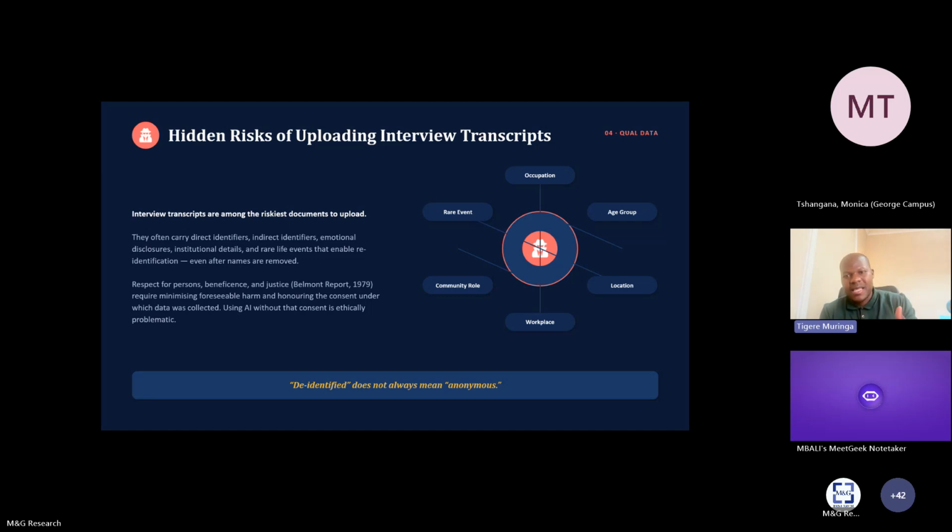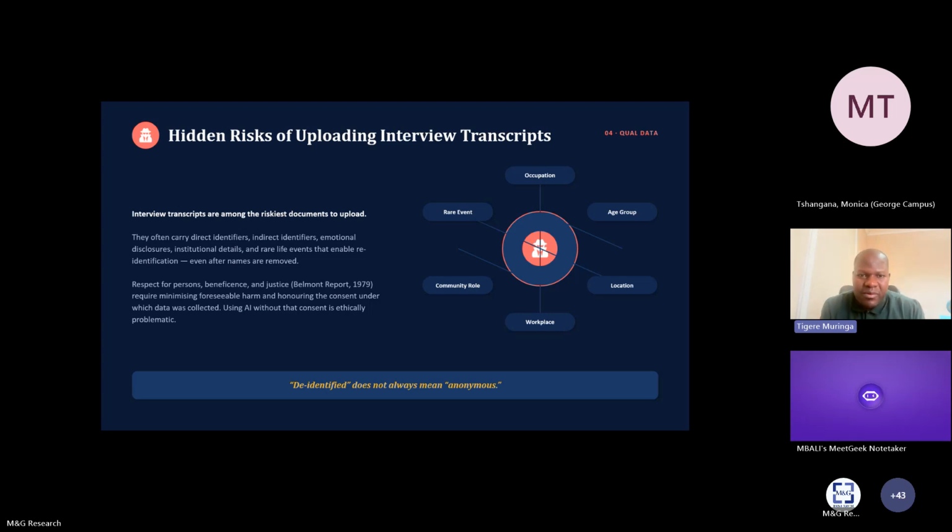So what I'm saying is that even without the name of the participant, using data that has been anonymized, we can still trace back the participants, drawing on the indirect identifiers, the emotional disclosures, the institutional details, the location within which the study was conducted, the names of third parties, and the context-specific information that has been provided.